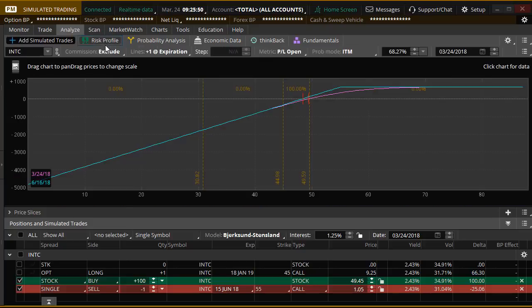A simple covered call trade. So what we've done here in the covered call trade is our stock position can move on up, but only to here. We've capped our potential return on the trade. It can no longer go to infinity because we've given someone the right to buy the stock from us at a higher price.